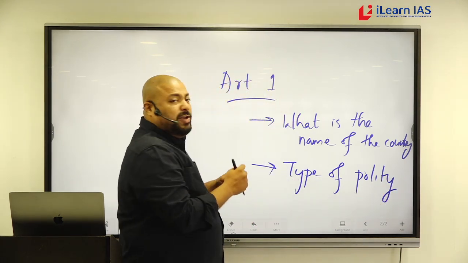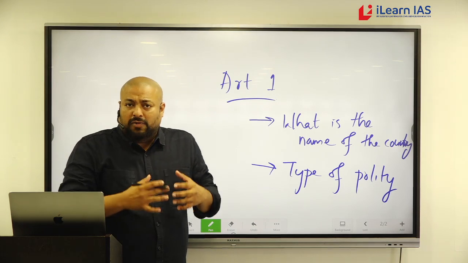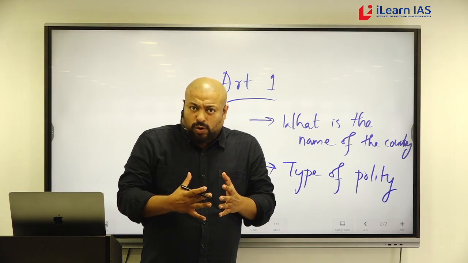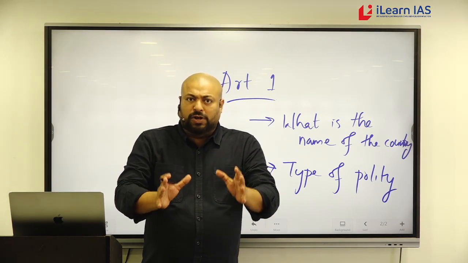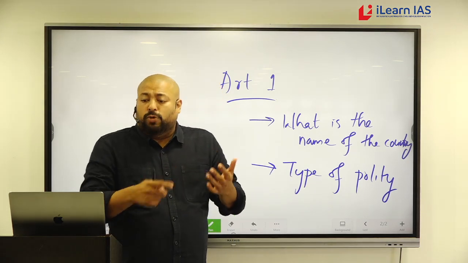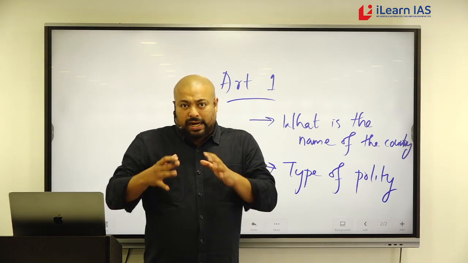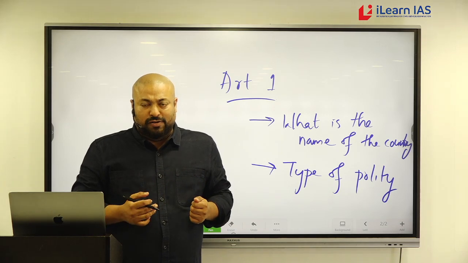So we are going to get two primary pieces of information from article 1. Article 1 gives a clear idea about what is going to be the name of the country of this particular constitution, and it also gives an idea about what type of polity or political system we are going to have. Let's read article 1 and try to understand whether we are getting this information from it.